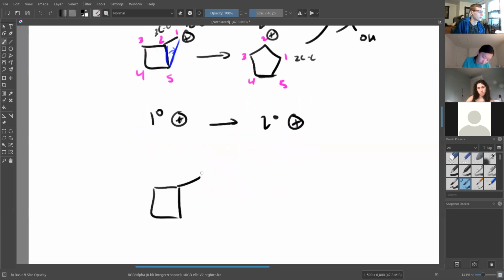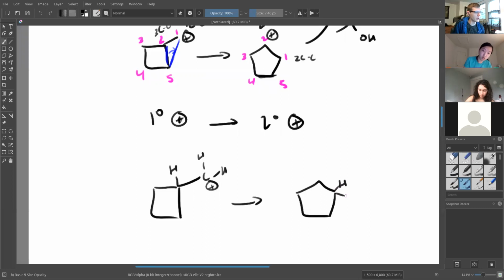So right, here's this plus, and then this guy has 1 hydrogen, right? And then now it becomes this with these 2 hydrogens staying, and this 1 hydrogen stays, but it has nothing else.